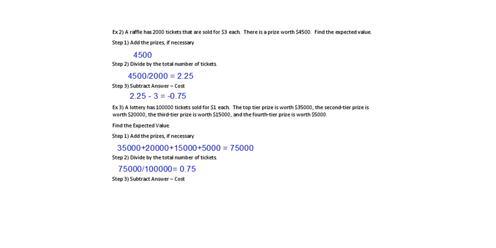And finally, we will subtract 0.75 minus 1, and that's equal to negative 0.25. So you expect to lose 25 cents on a $1 lottery ticket. Not surprised, you've got to pay the winners. The lottery has to make a profit, so it is what it is.